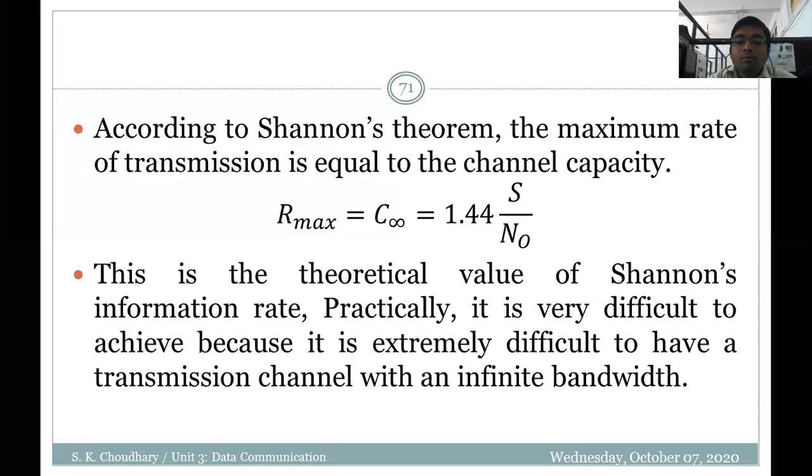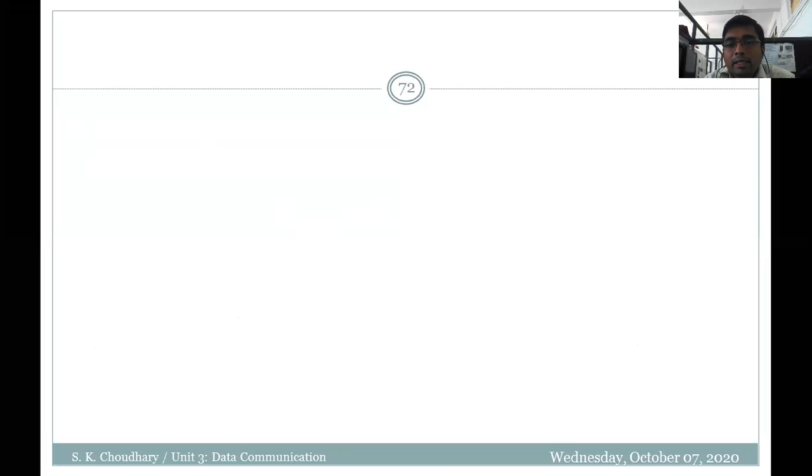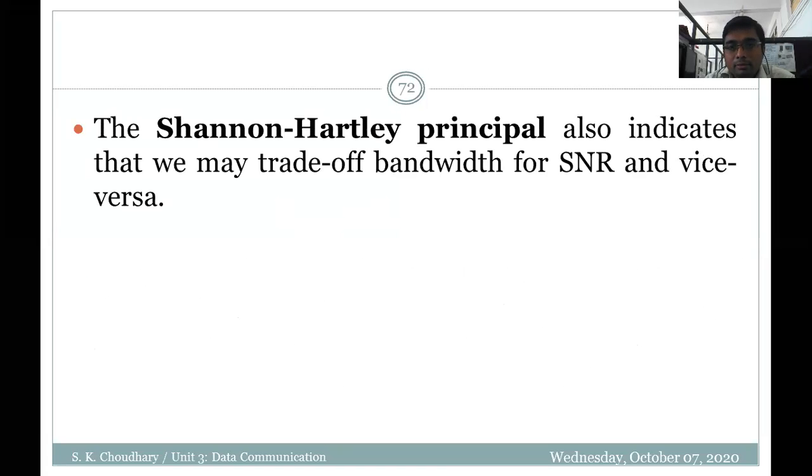But if you try to make the bandwidth infinite, it would give you a finite value of the channel capacity. So in this way, the Shannon-Hartley principle indicates that we may trade off bandwidth for SNR and vice versa, SNR for bandwidth.